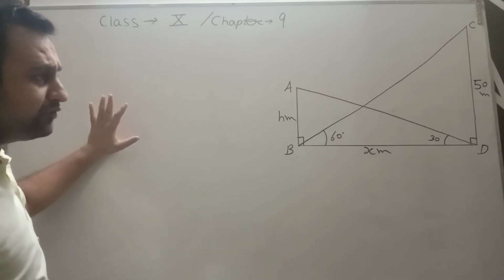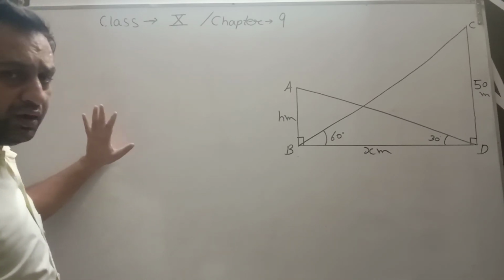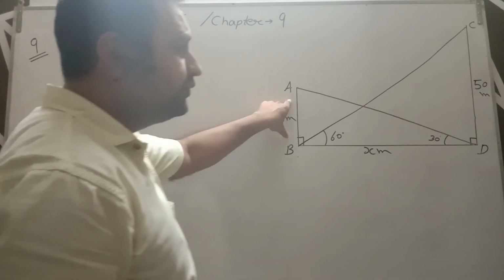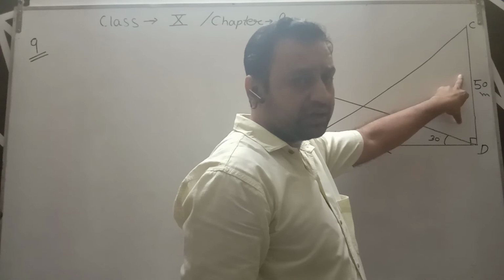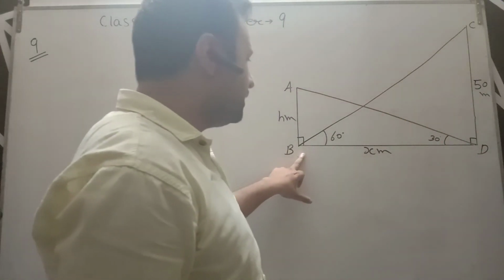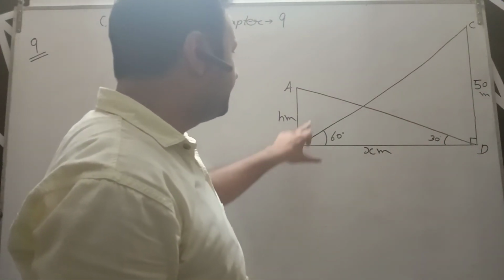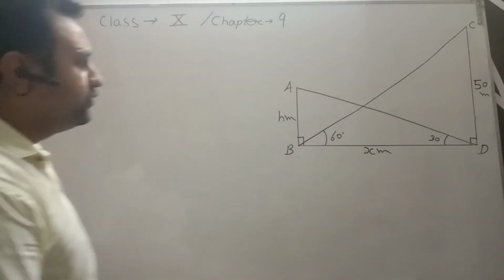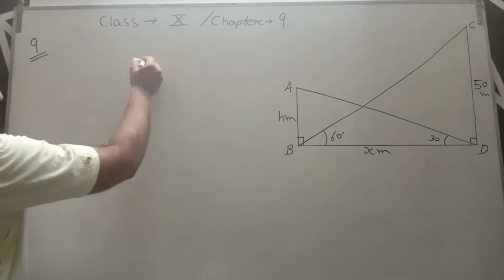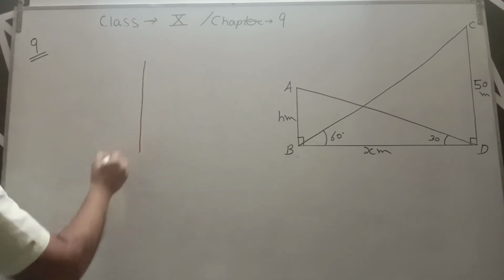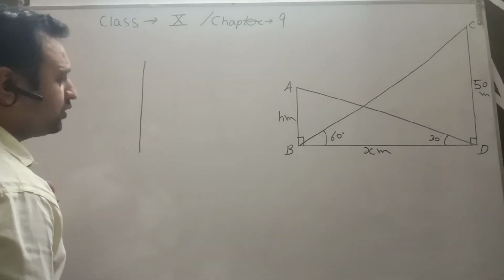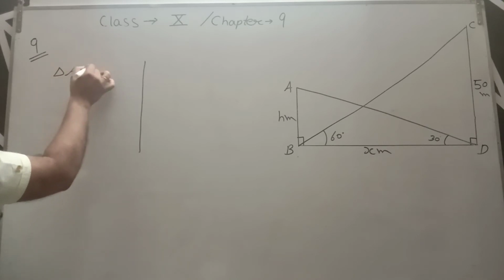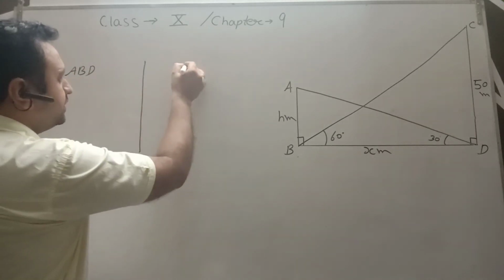Firstly we describe the figure in short. AB represents a building, CD represents a tower, BC is the ground, BD is the ground, and these two lines are lines of sight. Now we divide the question into two columns.